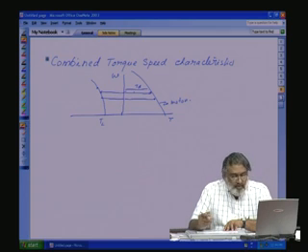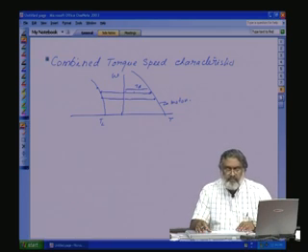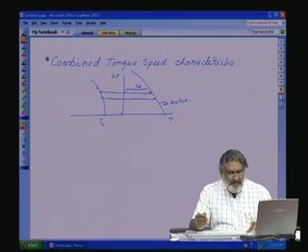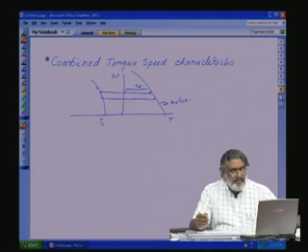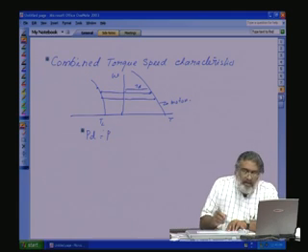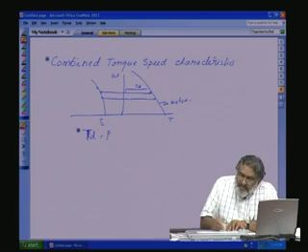Now, as I told you before, so far I have only told you about TL, the load torque. The driving torque TD is equal to the load torque TL, if the speed is constant.